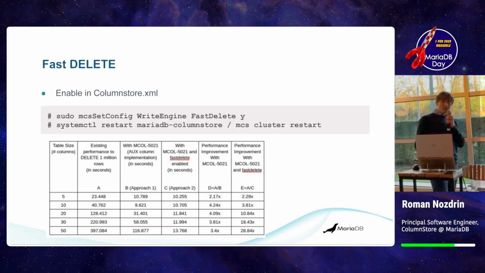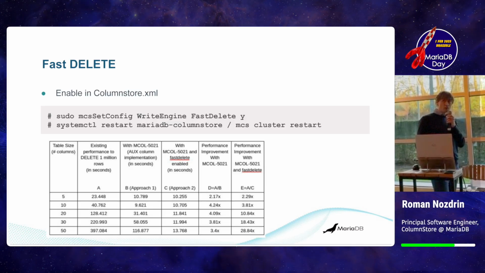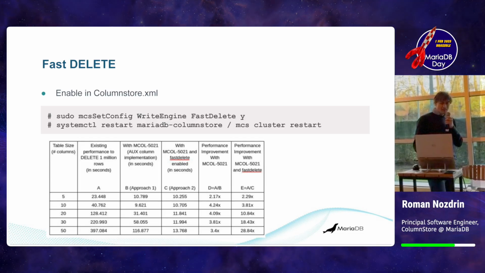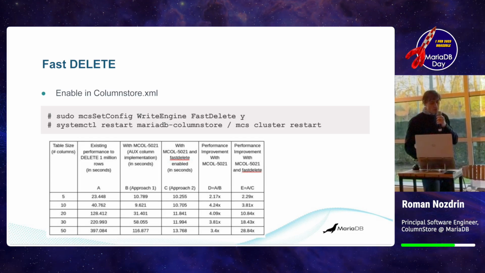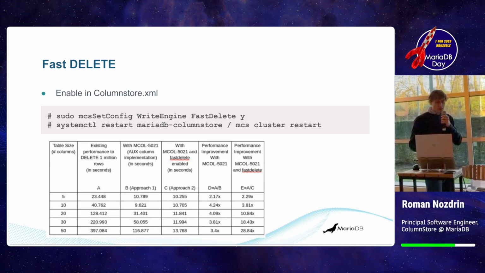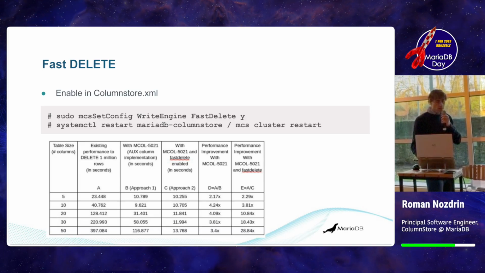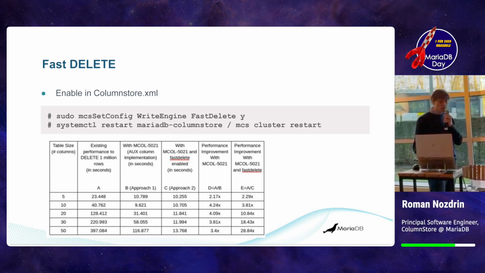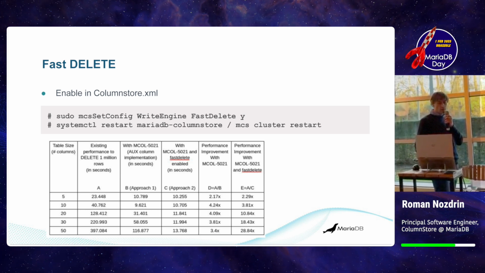I would say a million is somewhat small for Columnar storage. So this 1 million row delete is just to demonstrate the speed up. But if you run the delete operation on a bigger data set, which is normal for Columnar storages, you will see a bigger improvement.